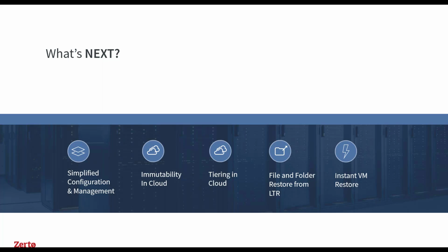Failover test allows you to spin up those VMs that you are replicating to any point in time in an isolated environment without impacting the production environment. So you can do it at any time of the day, spin up those machines and test your DR. I hope that answers your question.